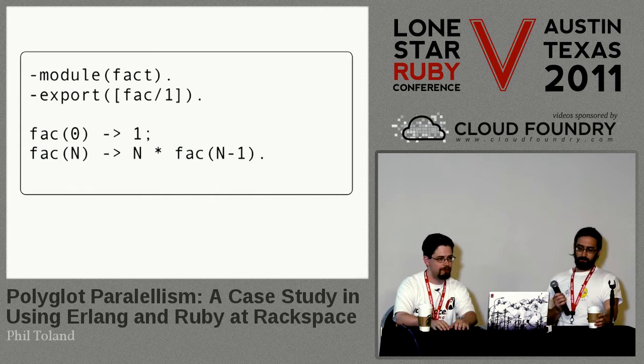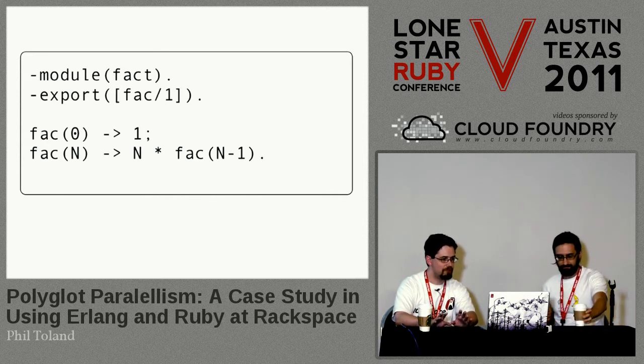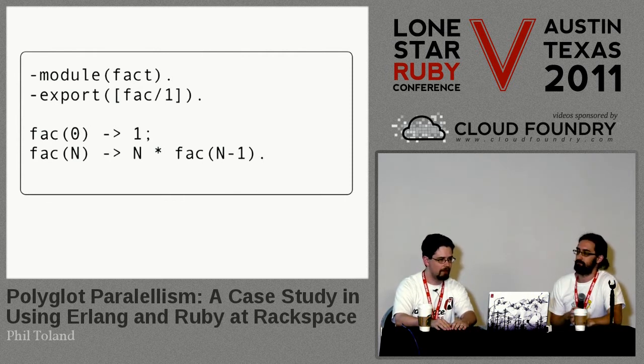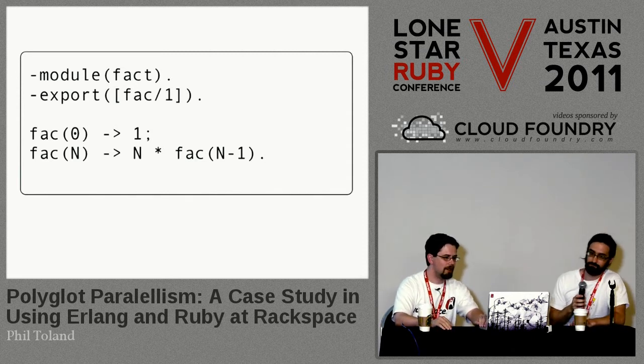This function has 2 clauses. The first clause pattern matches the parameter on 0, and if that is the case, then it just returns 1. In the second clause, we take the parameter n and we multiply it by the value of fac n minus 1. And you will see a lot of recursion in Erlang. The tail recursive functions are optimized. So yes, it's very cool.